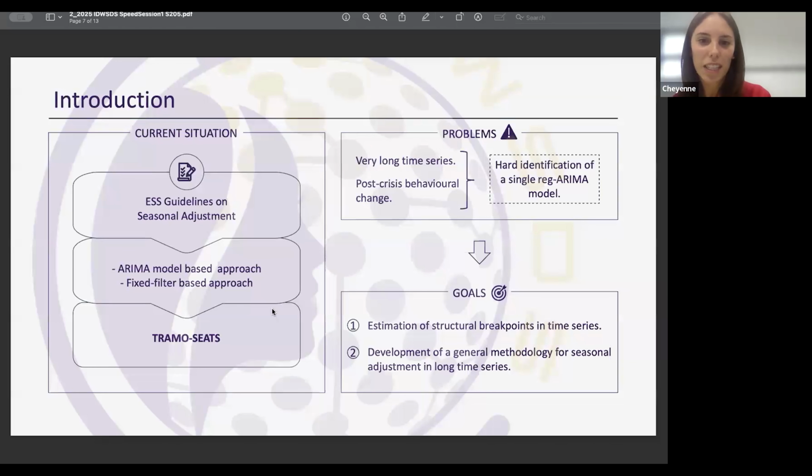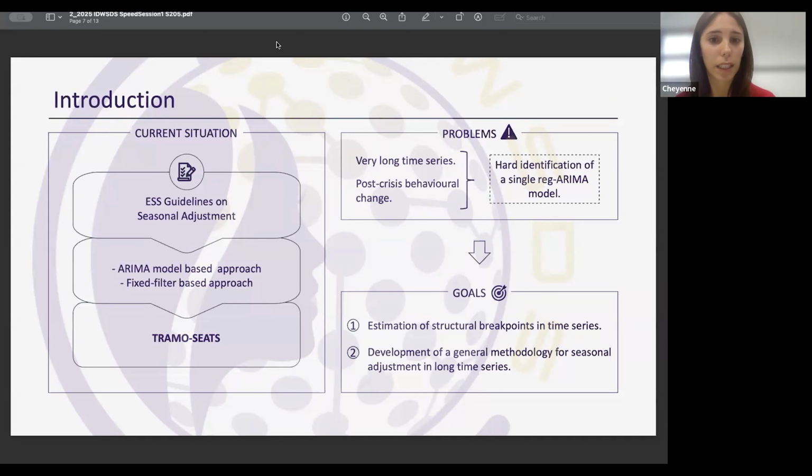Thanks. In 2009, the European Statistical System published their guidelines on seasonal adjustment with the aim of harmonizing European practices. The two most commonly used approaches are ARIMA model-based adjustment and fixed filter-based approach.